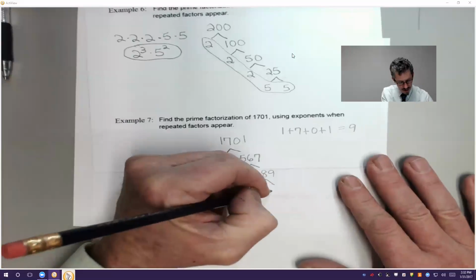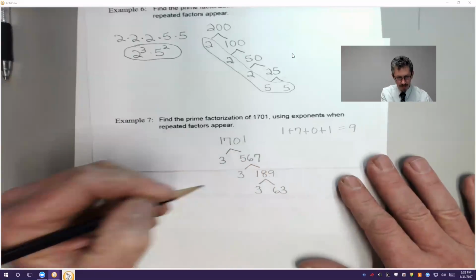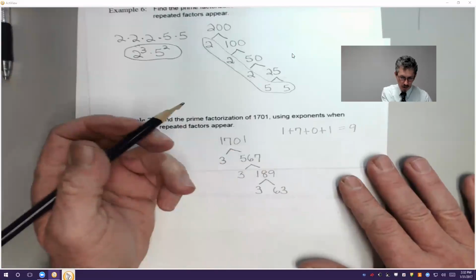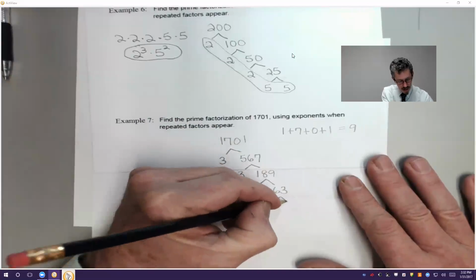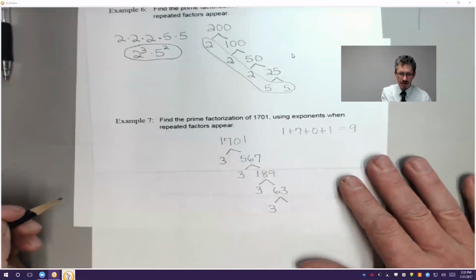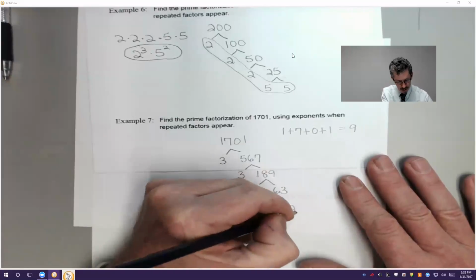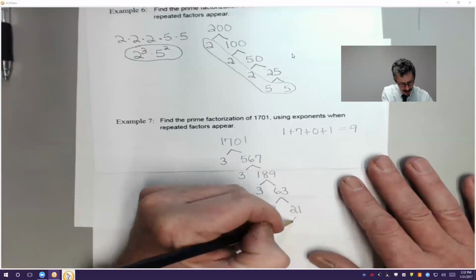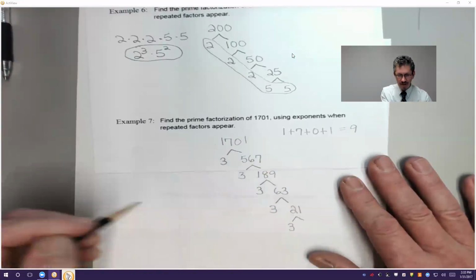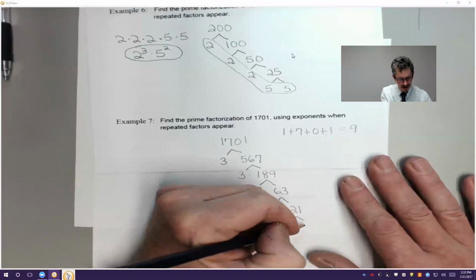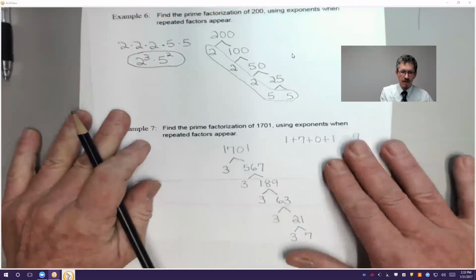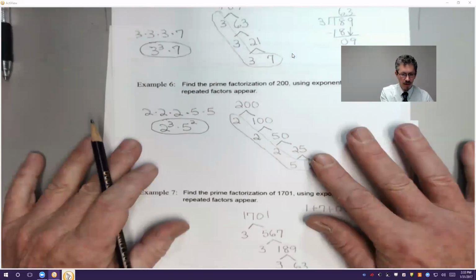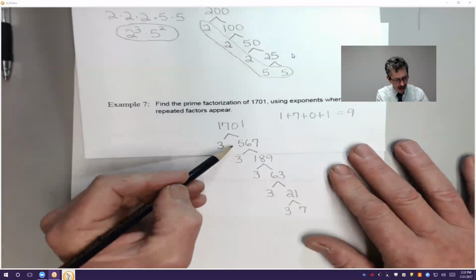When we divide by 3, we get 63. 6 plus 3 is 9, a multiple of 3, so we can divide 63 by 3, and we get 21. 2 plus 1 is 3, an obvious multiple of 3. When we divide 21 by 3, we get 7. 7 is one of our numbers in the list of prime factors, meaning we're done. All we lack is the answer.